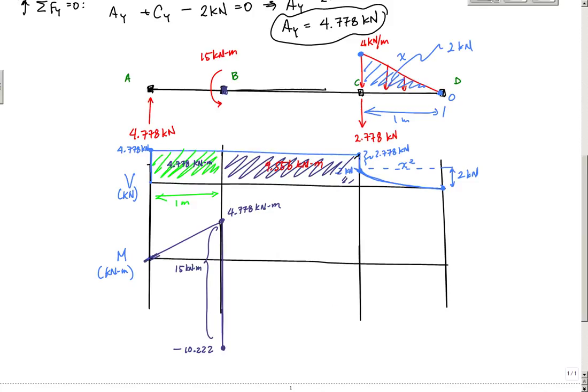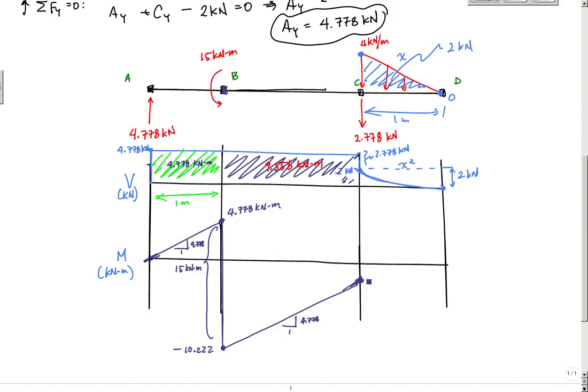That takes me to some point right here, and that is 0.667. The slope of this line should be the same as the slope of that line because this is a constant shear. So this should be 4.778 versus 1, same thing here, 4.778 versus 1. That would be the slope of my moment diagram.